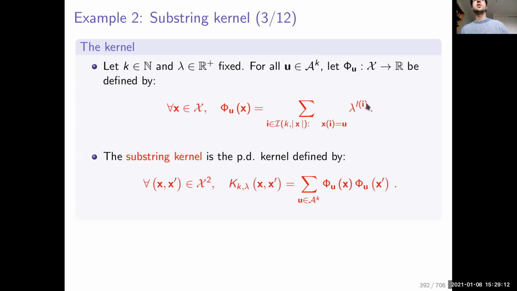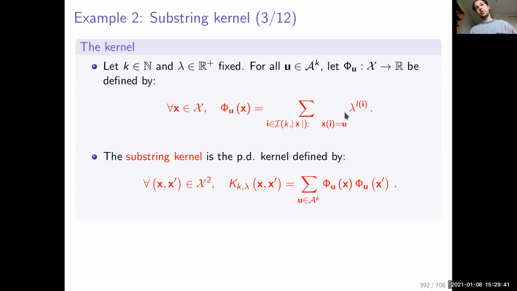This can be encoded using an exponentially decreasing factor that will simply decrease with the number of gaps. So now, what if I consider a sequence of k letters u? What will be phi u of x? Phi u of x will simply sum over all the possible sets of k indices, and check if the substring x of i is exactly equal to the pattern u.